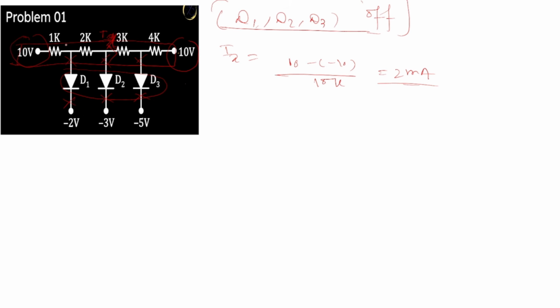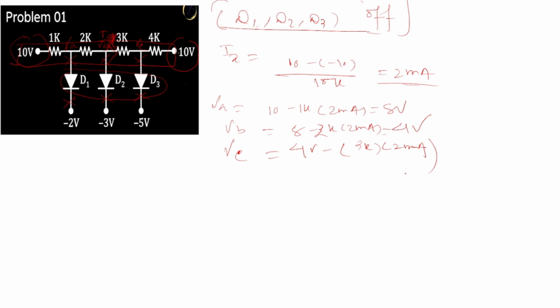Let's name the diode terminals: this is VA, this is VB, this is VC. VA is 10 minus 1k times 2 milliampere, which is 8 volts. Similarly, VB is 8 minus 2k times 2 milliampere, so it will be 4 volts. Similarly, VC is 4 volt minus 3k times 2 milliampere, which is minus 2 volt.